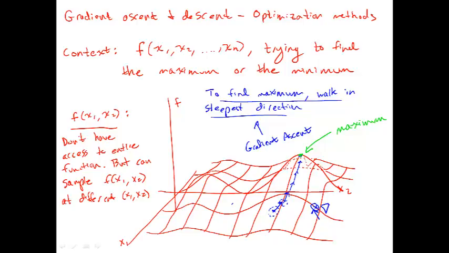This can have a few problems, unfortunately. So in this picture we've drawn, for example, which peak you reach will depend on your starting location. So if we started here, we'll probably reach that peak. However, if we start somewhere over here, we will reach this peak, which is a local maximum. So if your goal is to find the global maximum of your function using gradient ascent, it's usually a good idea to run the algorithm a few times from random starting locations.